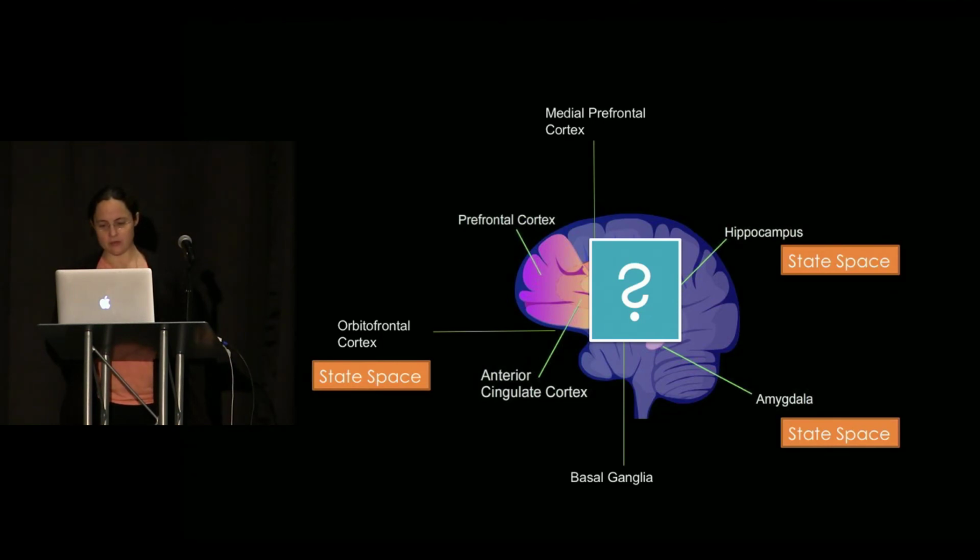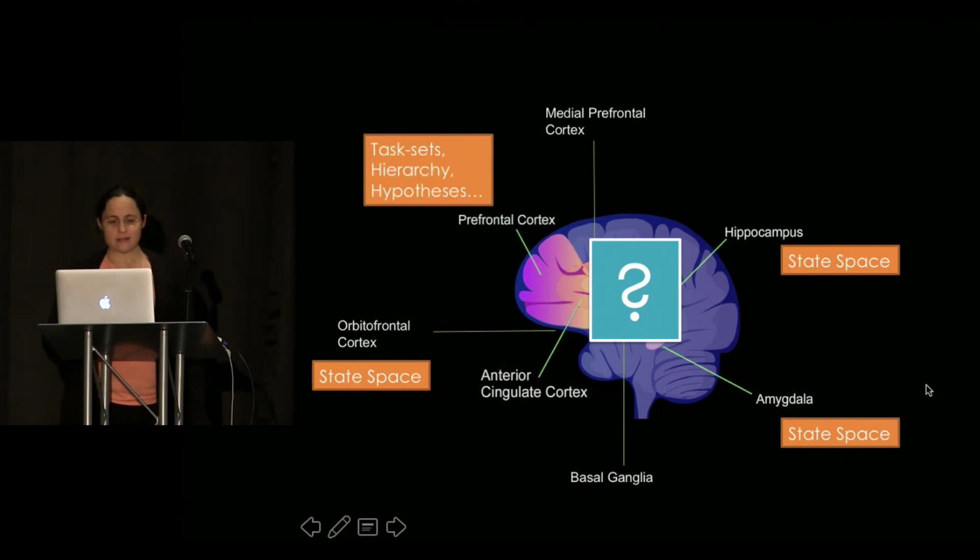So, for example, there's been recent work pointing to the role of the orbitofrontal cortex, the hippocampus, the amygdala, and even lateral prefrontal cortex. Task sets, in the hierarchy hypothesis, seem to fairly reliably recruit lateral prefrontal cortex.